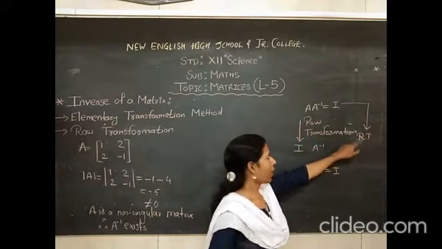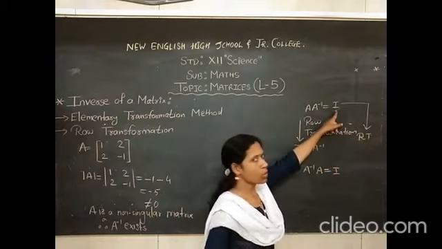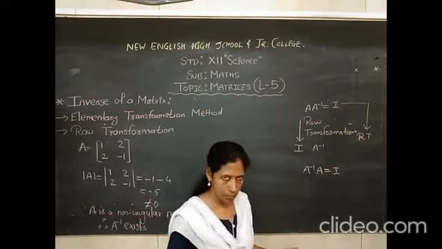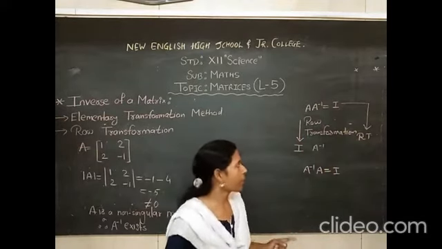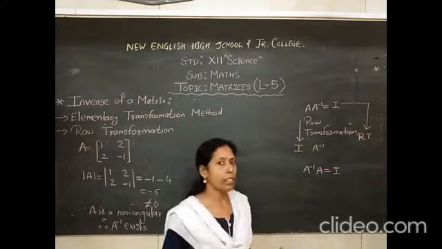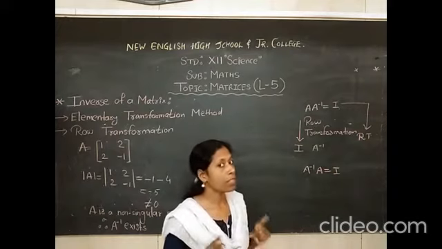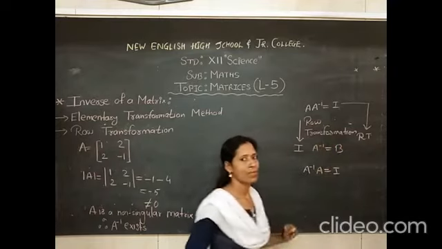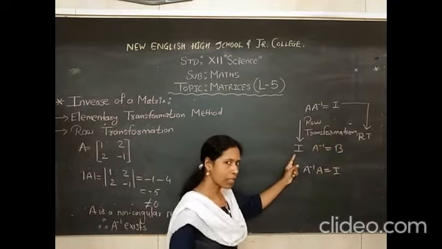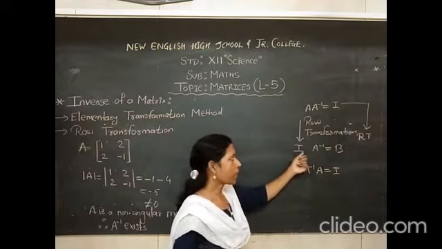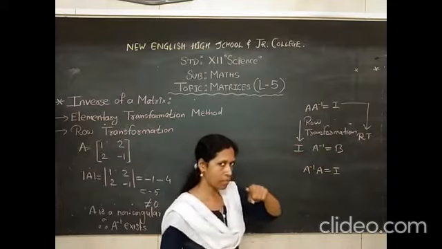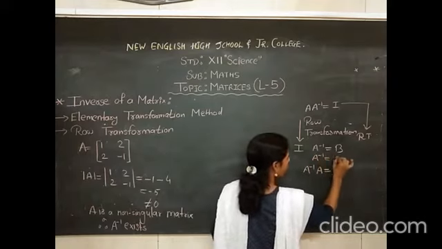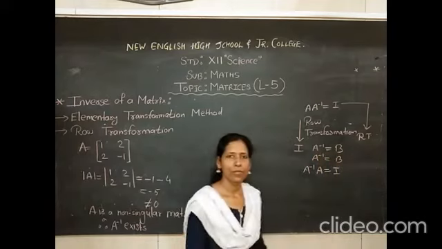After applying row transformation to matrix I, it will get converted into a new matrix. Let me write this matrix as matrix B. I is the identity matrix, and when we multiply any matrix with identity, we get the same matrix. Thus we have got A inverse equals B. Is it clear?